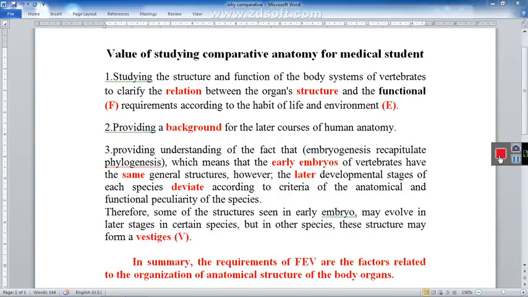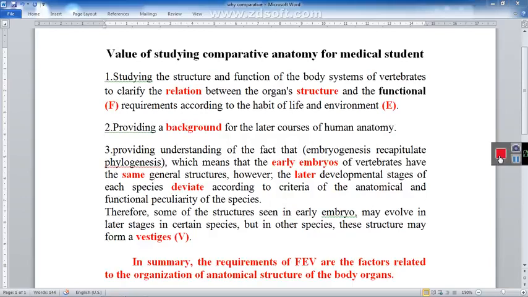First point is that when you study the structure and function of the body of some vertebrates in this course, you will find that there is a relation between the structure of the organs and the system of the body and the functional requirements according to the habit of life of that vertebrate and the environment where that vertebrate is living.